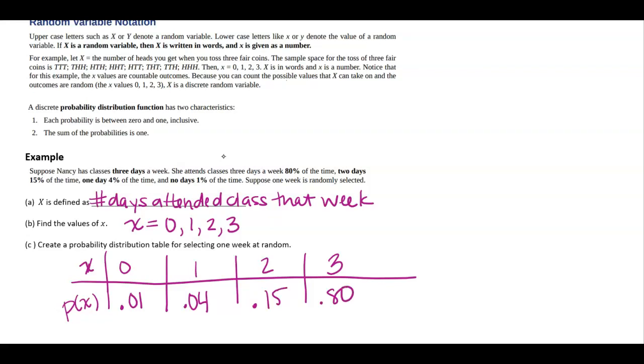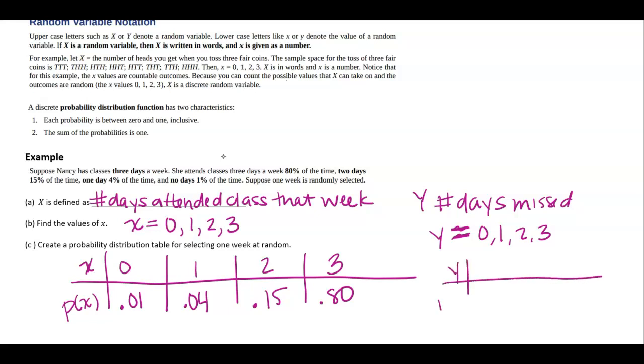Notice that if I would have defined maybe Y as the number of days missed, I could still have little y be 0, 1, 2, or 3, equal to number of days missed. Now my table, my probability distribution, would just be opposite because this is number of days missed.